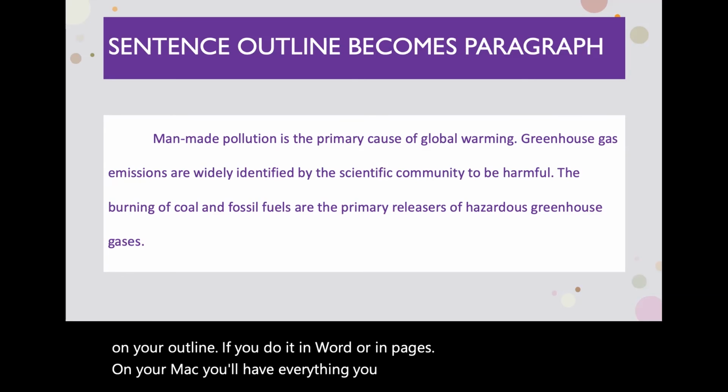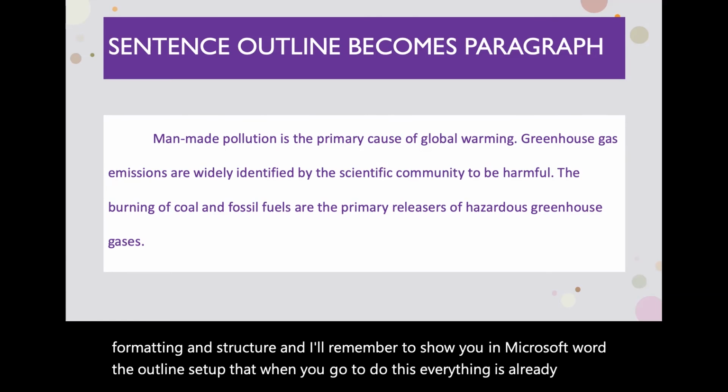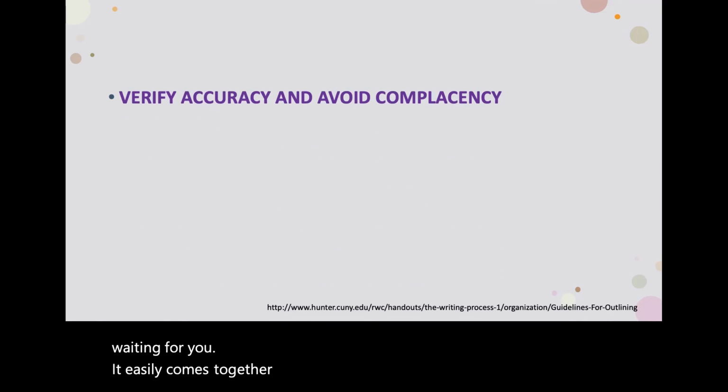So when you remove the formatting and structure, and I'll remember to show you in Microsoft Word the outline setup, when you go to do this, everything's already there waiting for you. It easily comes together into your final paper.